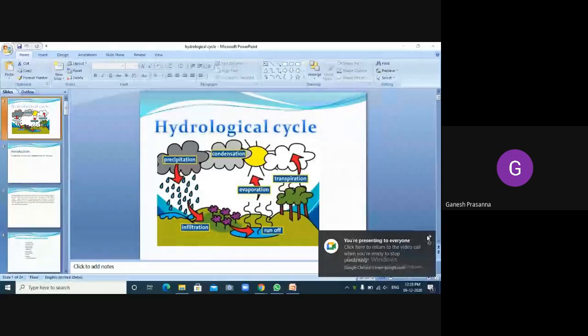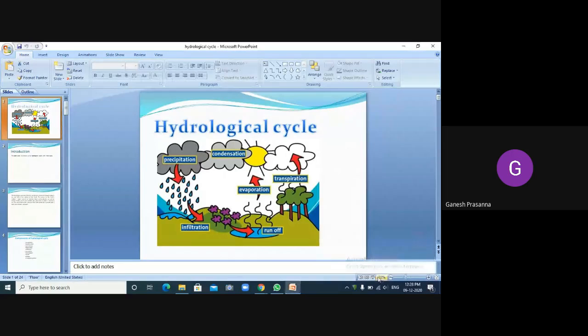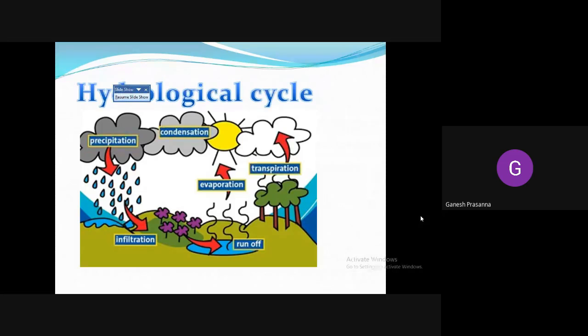Okay, fine. So we shall start our discussion on the hydrological cycle. What do you mean by hydrological cycle? It is a cycle which occurs continuously in nature. The cyclic movement of water from the atmosphere to the earth and from the earth to the atmosphere is called the hydrological cycle.